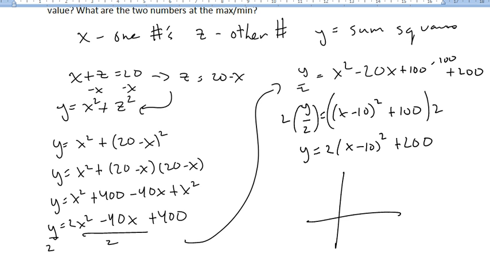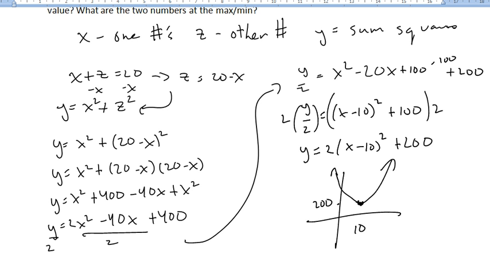So just a rough sketch here. We're going to have a vertex at 10, 200, and we're going to be opening up. So the smallest the sum of the squares can possibly be is 200 when x, the first number, is 10.